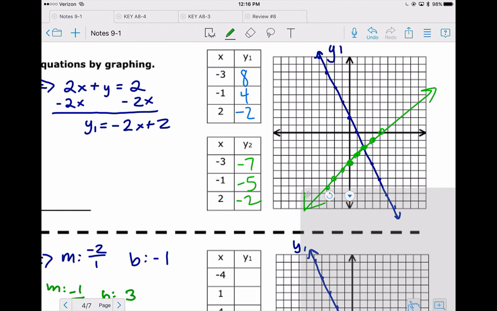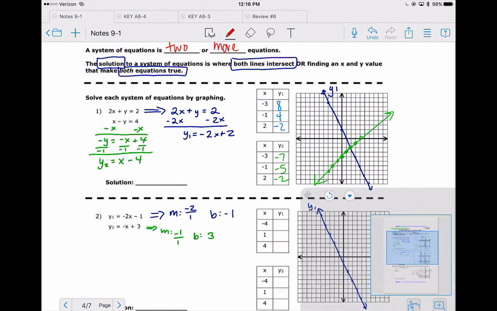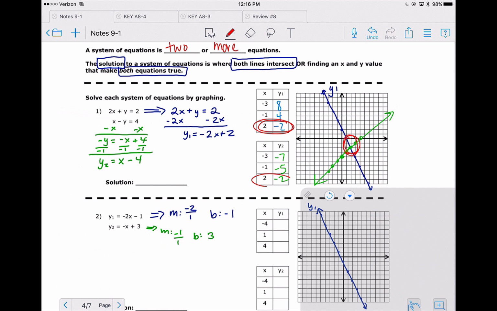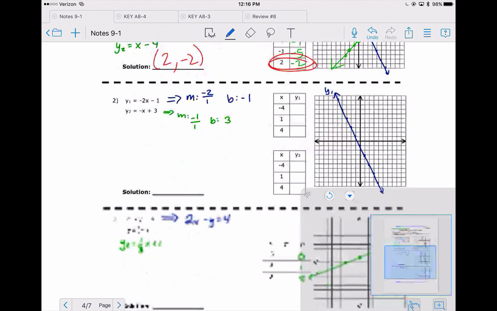Now again, our solution is where the lines intersect or where the x and y of both tables are the same. So no matter how we look at it, whether on the graph or in the table, we are looking for where the lines cross. They cross at 2, negative 2, or where the table points are the same. 2, negative 2, they are both the same.